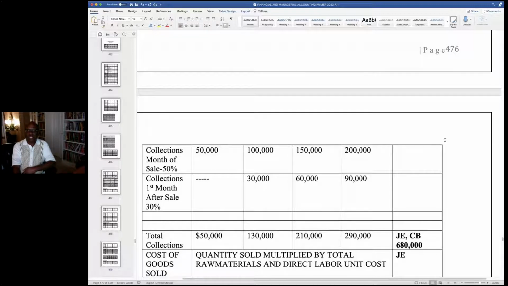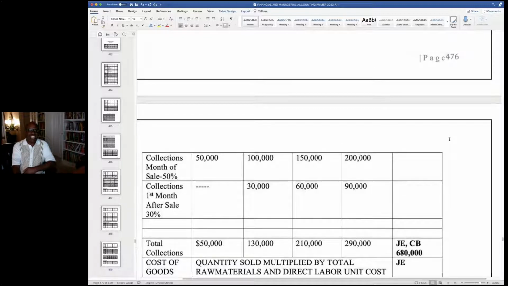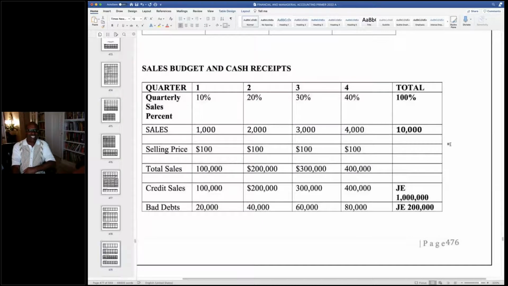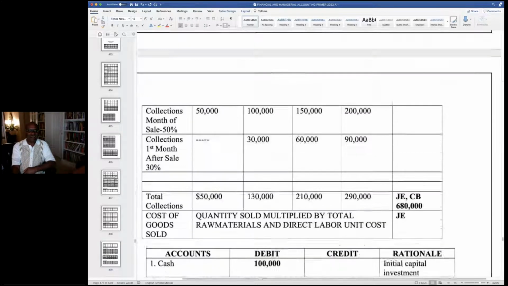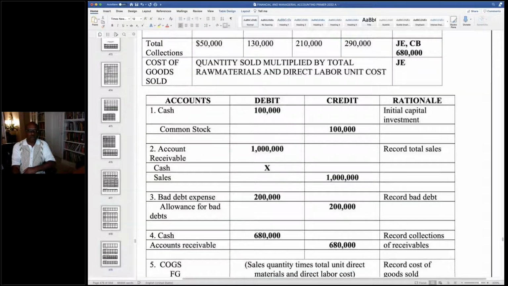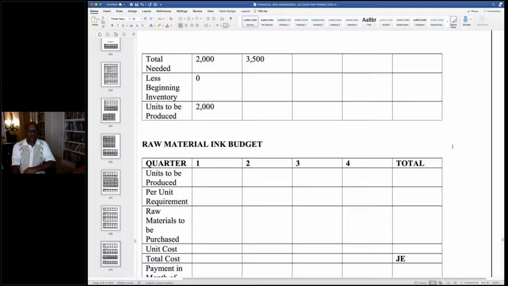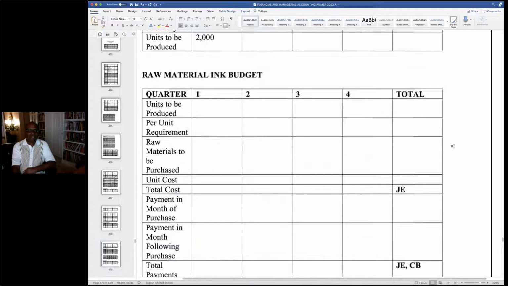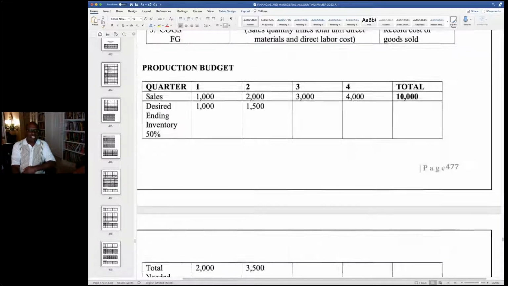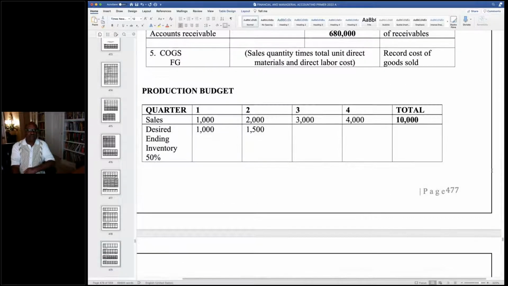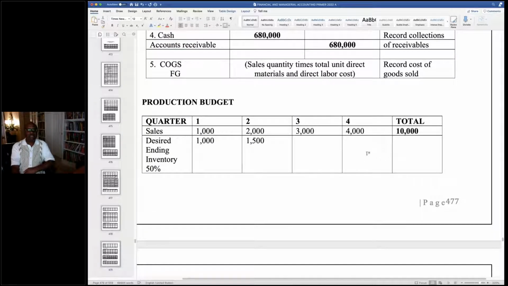I have one more question. Okay, so for the last column, column 4, you said I have to use the amount for the one following it, but do I just follow the pattern, or do I use that 10,000? I'm doing the production budget. So for column 4, inside of the desired ending inventory, do I follow the pattern or do I do half of 10,000?